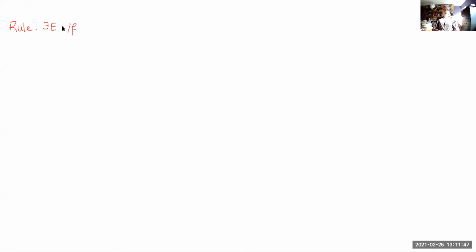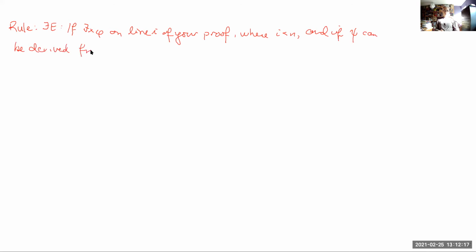So this rule says if you have something of the form exists x phi on line i of your proof, where i is less than n, as it always is, and if psi can be derived from the assumption of phi with tau substituted in for all free occurrences of x.